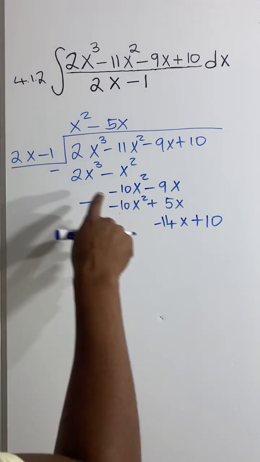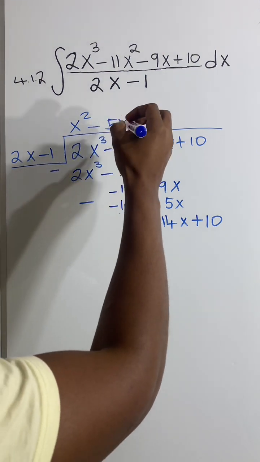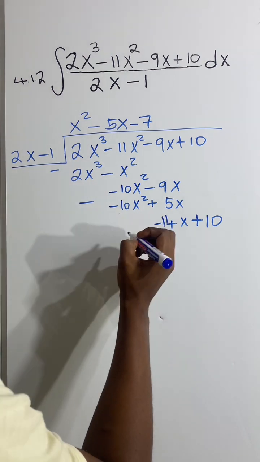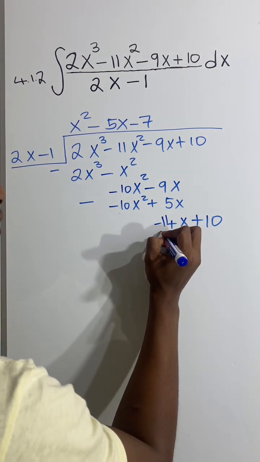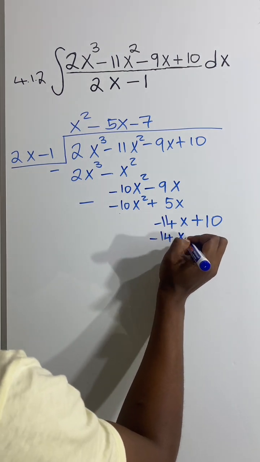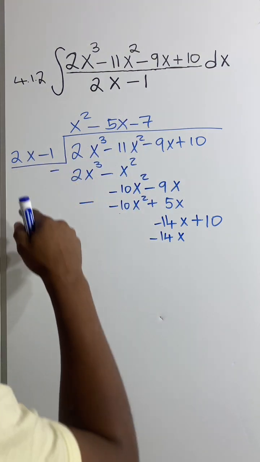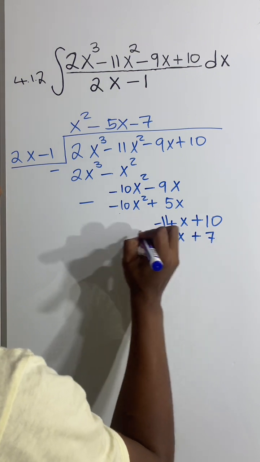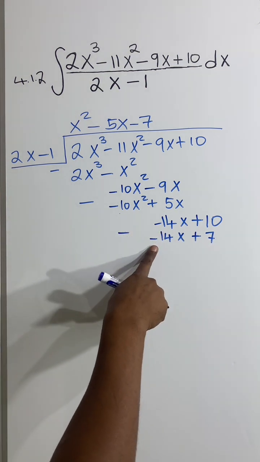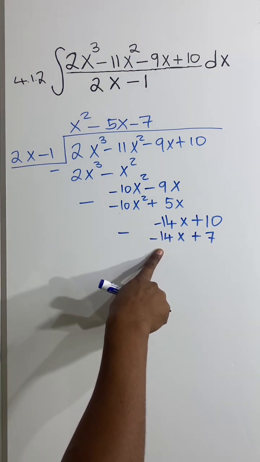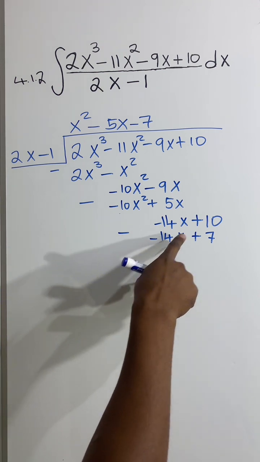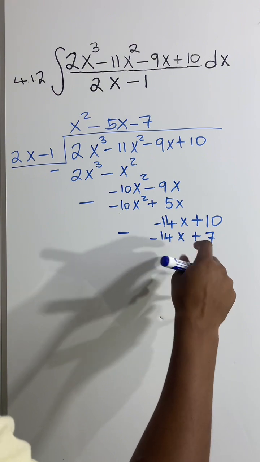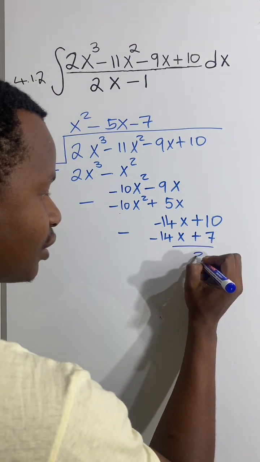Negative 14x divided by 2x is equal to negative 7. Negative 7 multiplied by 2x is equal to negative 14x. Negative 7 multiplied by negative 1 is equal to positive 7. Negative 14x minus negative 14x is equal to 0. 10 minus 7 is equal to 3.